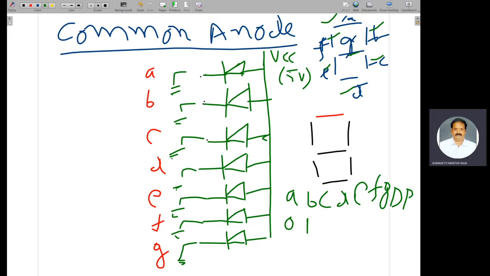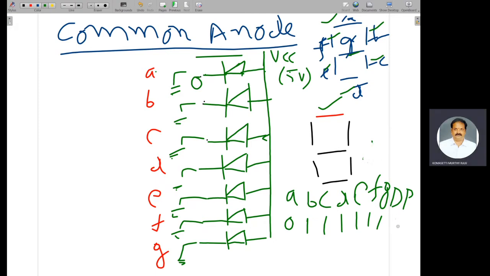The remaining B, C, D, E, F, G are connected to 1. A equal to 0 means 5 volts is applied at the anode and 0 volts is applied at the cathode of the A segment. Therefore, this LED is forward biased. That is the reason for the on condition. And DP, at each and every step, DP must be high. Here DP on the right hand side is the decimal point.